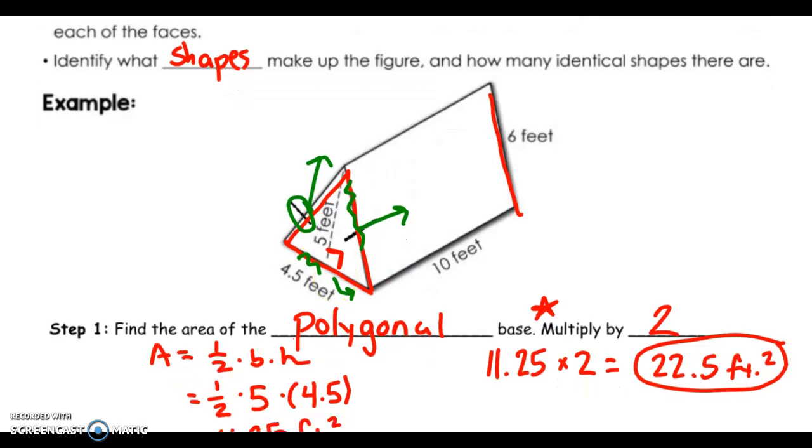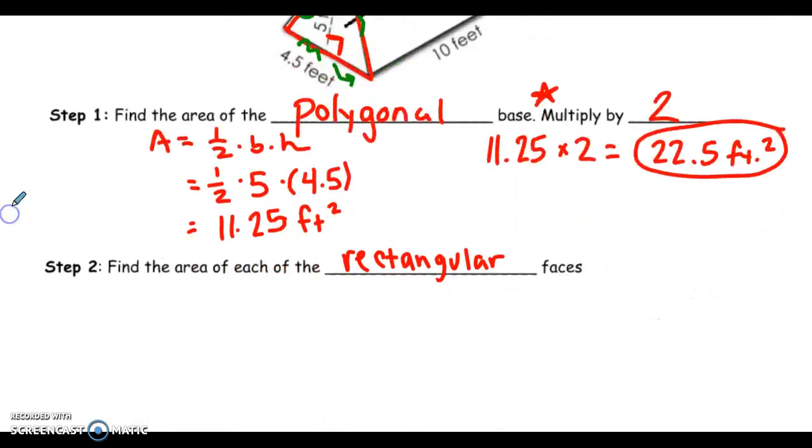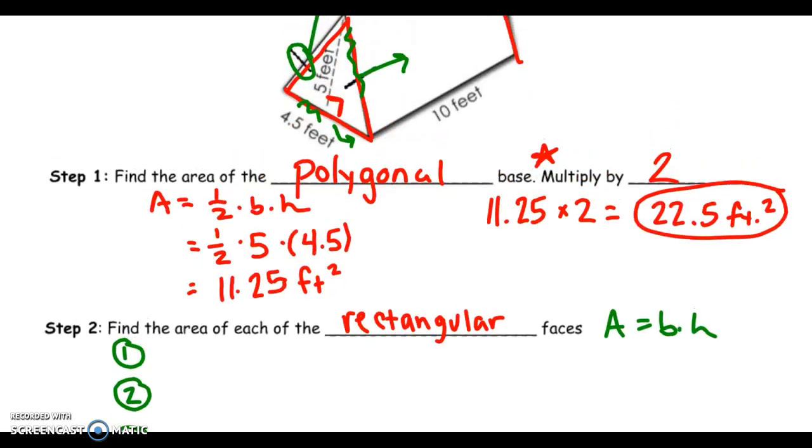So my first organizational piece, since we know that the area formula for any rectangle is just base times height, is to start myself off. I know that because I have a triangle, I have 3 rectangles, one off of each of my sides of the triangle. And I know that my first dimension for each, whether you want to call it the base or the height, is each of the sides of the triangle.